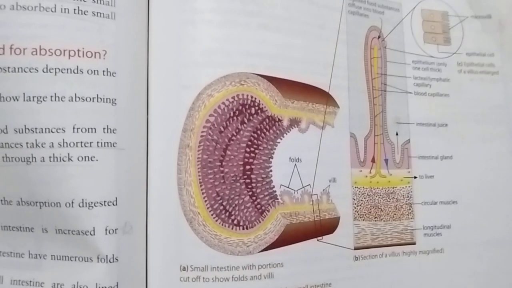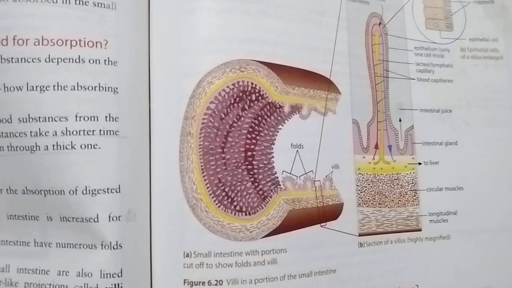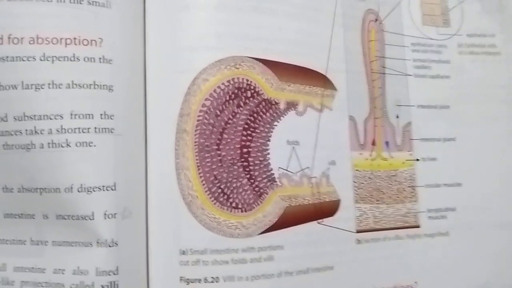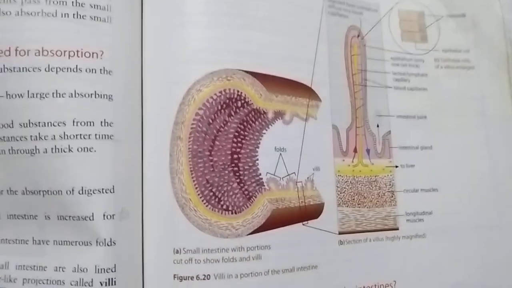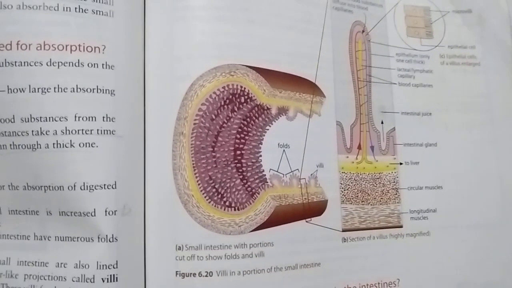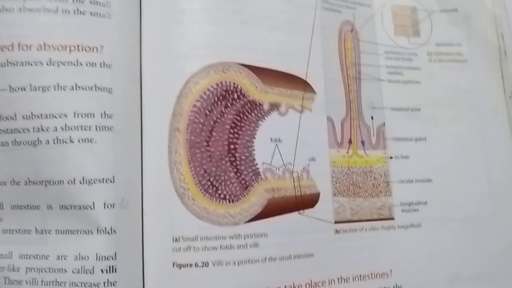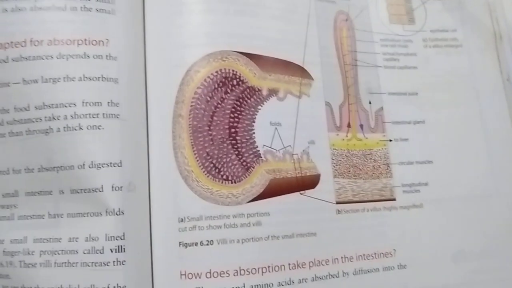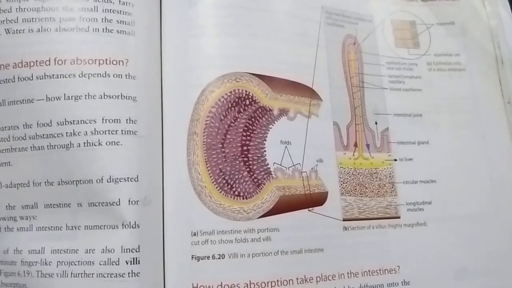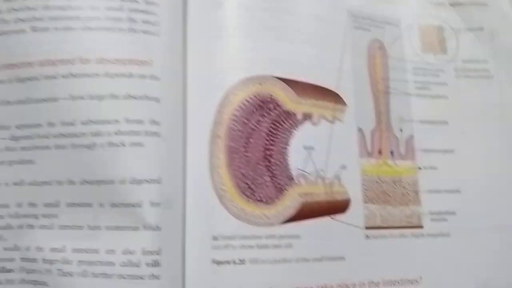Look at the structures of a small longitudinal portion of the small intestine and the complete overview of the villus and its parts: capillaries, intestinal juice and its enzymes. Circular muscle and longitudinal muscle are present in the small intestine.